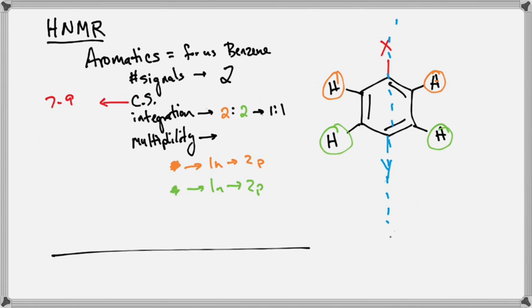I skipped one on you because when we talk about aromatic structures and the common patterns that come out, we mentioned 2 doublets earlier. This is the more common of 2 doublets. So if you're seeing two doublets, this is typically the patterning that you would see.